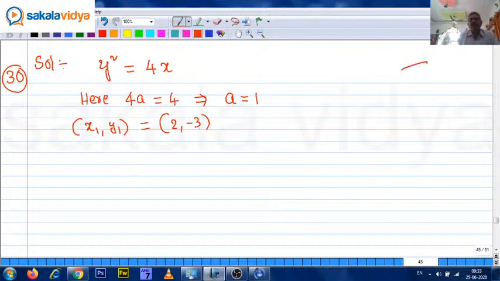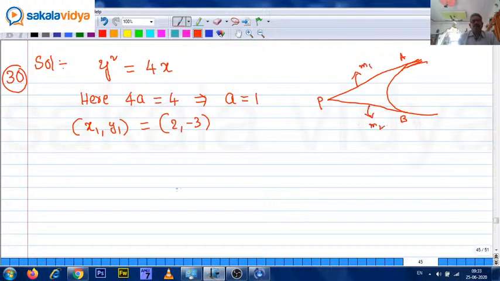For example, the figure will be like this. The two tangents are drawn like this from the external point P, touching at A and B. Slope of this tangent is m1, slope of this tangent is m2.